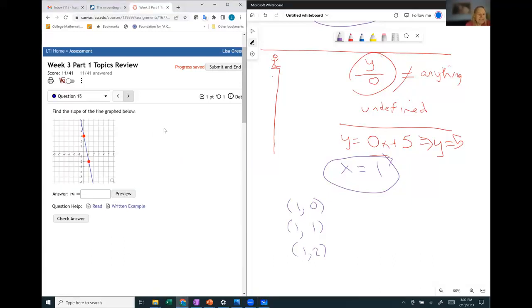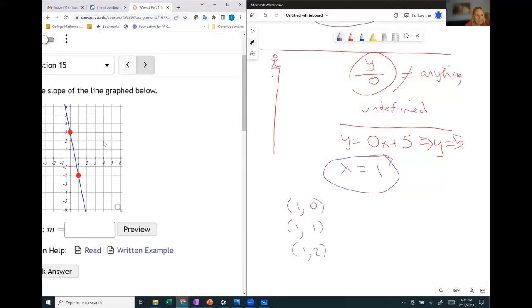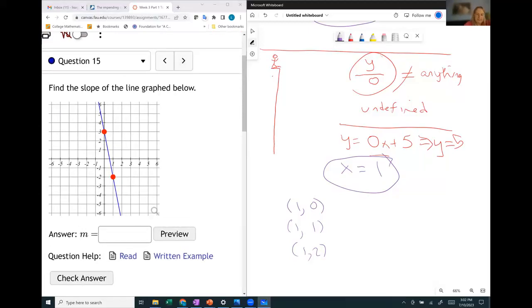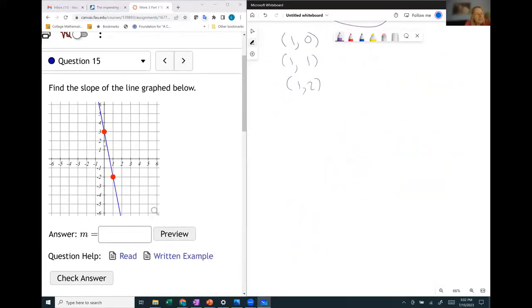Okay, now we want to find the slope. How do we find the slope of this? Well, the easiest way to find the slope of it is to just count. So if the slope is equal to the rise over run, or the change in y, I'm going to go down 1.